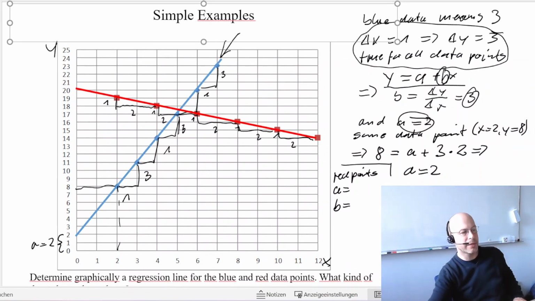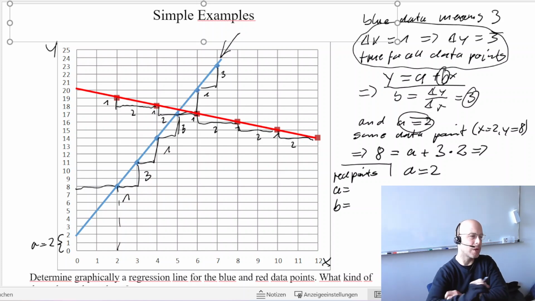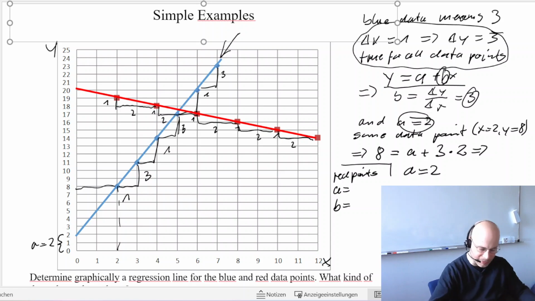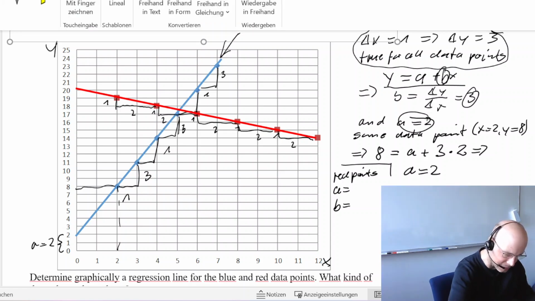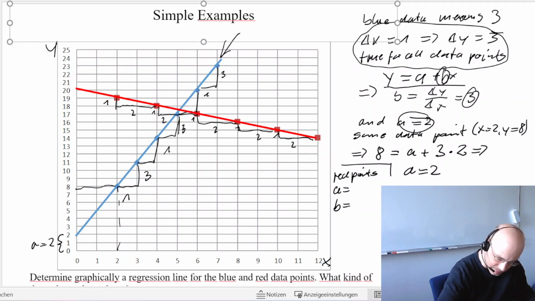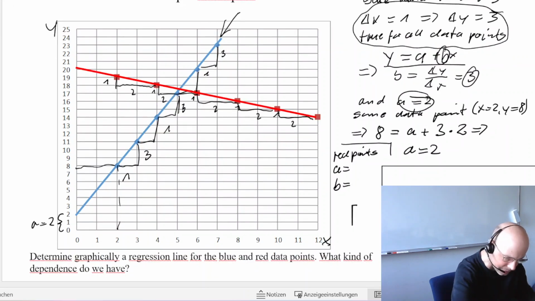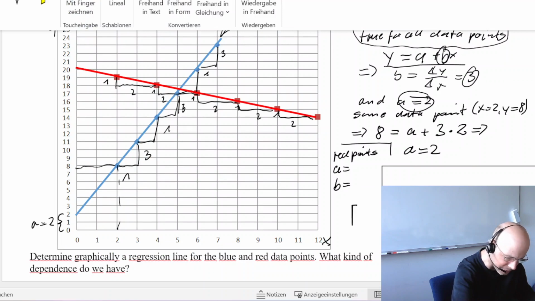One half? Is it really one half? Just think about it. 1 down, 2 to the left, minus 1 half. Of course, we have a negative slope. So minus, now it's moved back. I don't know why.